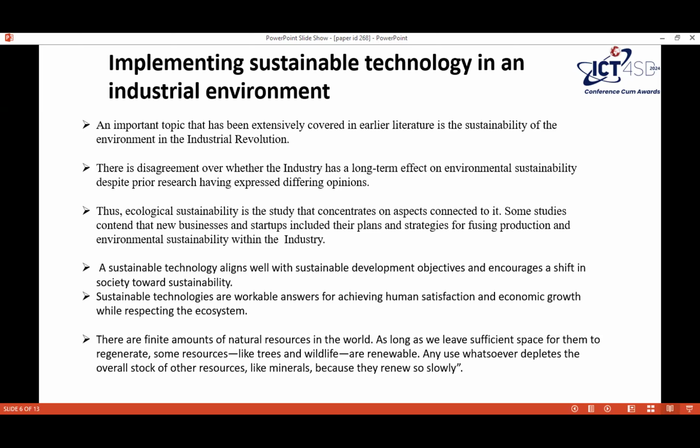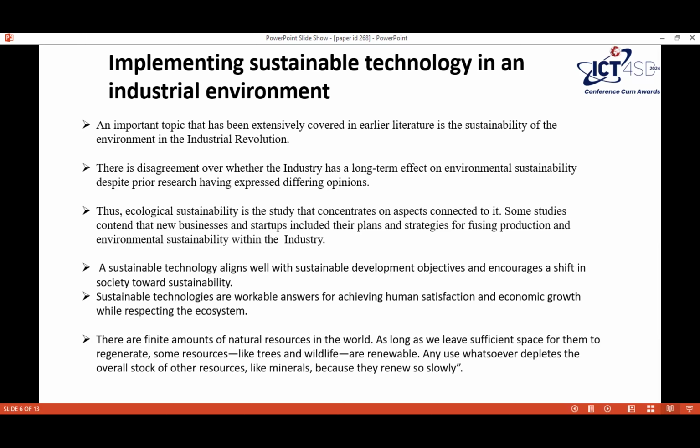There has been some controversy over whether it should be in industry for a long-term effect on environmental sustainability, or whether it should just be research where people give opinions. We also talk about ecological sustainability and the study that concentrates on aspects connected to it. The study contends that new businesses and startups include their plans and strategies for fusing production and environmental sustainability within the industry. So it is very important.